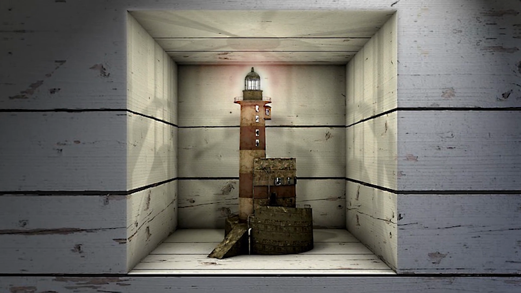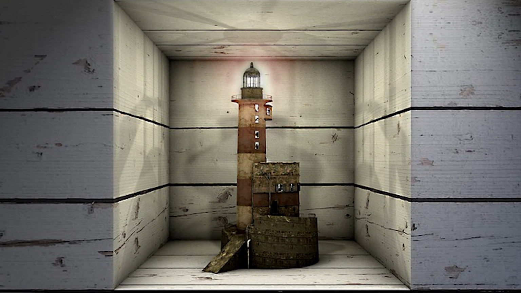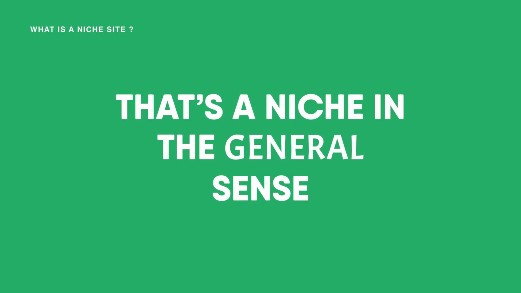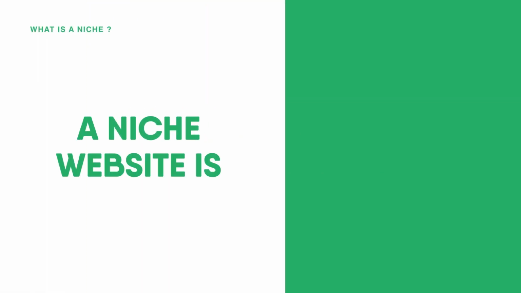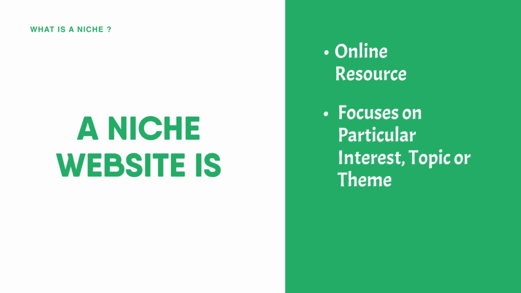So that was the general meaning of the word niche. Niche in digital marketing has a totally different meaning. A niche website is an online resource for people to search around on the internet. It focuses on a particular interest, topic, or theme.